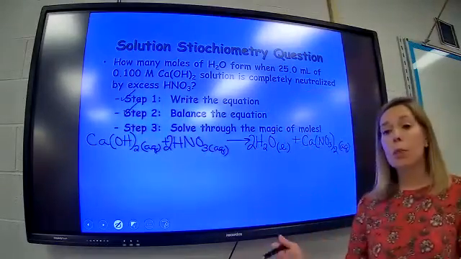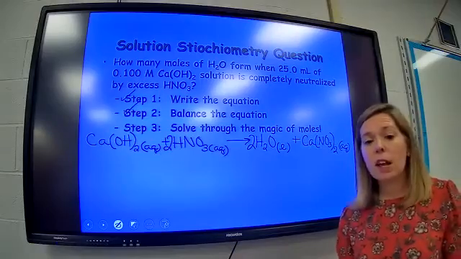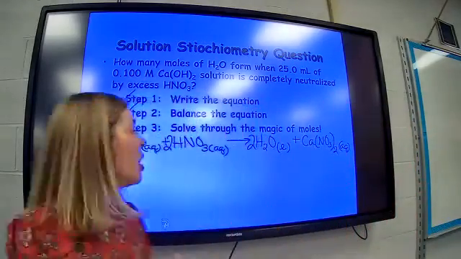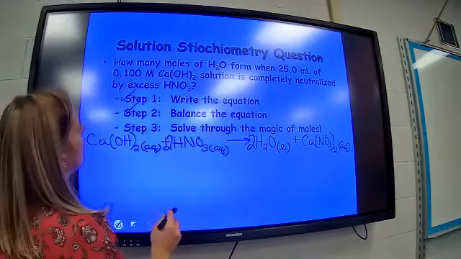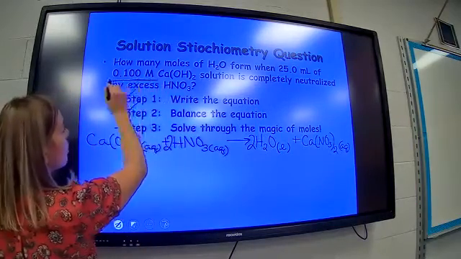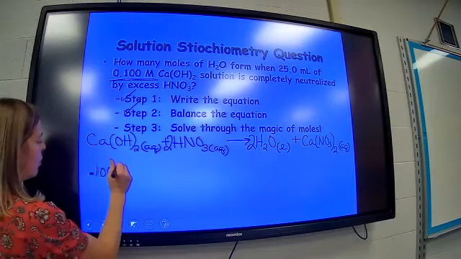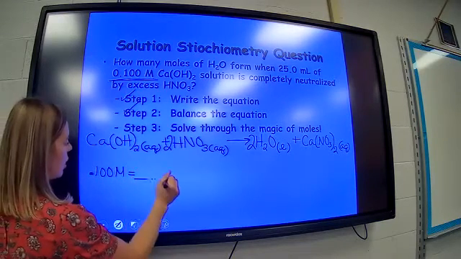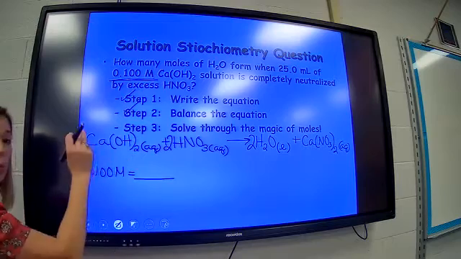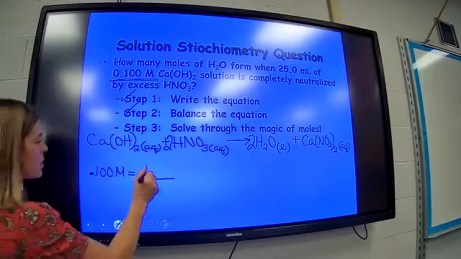Okay, so basically, if you know moles in chemistry, you know everything else. So we take the original molarity, the 0.1 molar solution of calcium hydroxide. Remember, molarity is moles over liters.